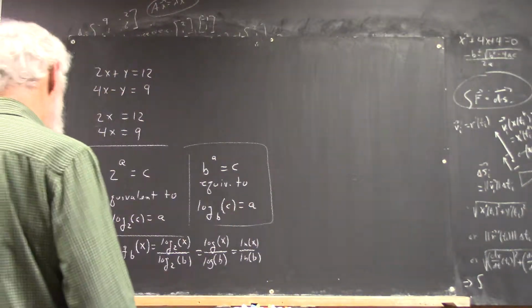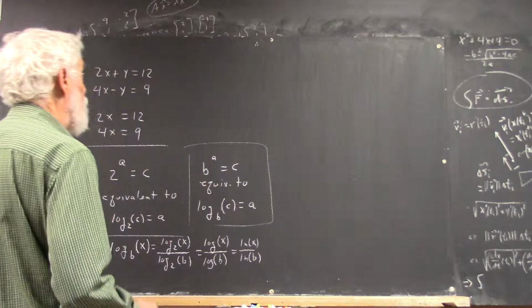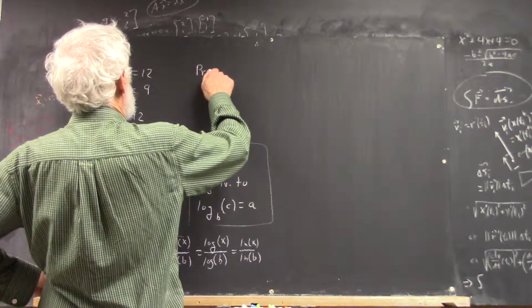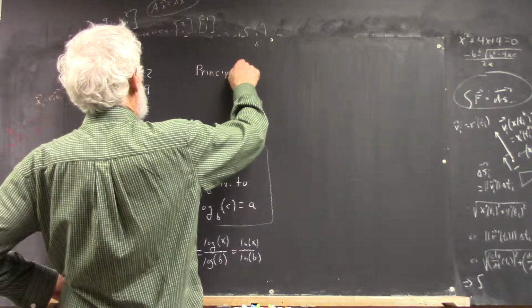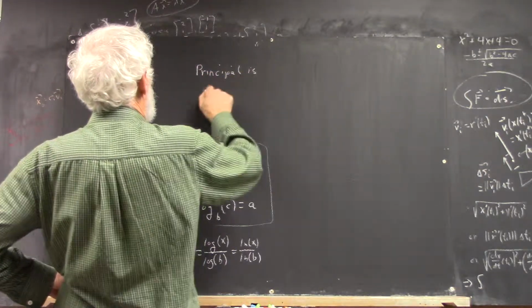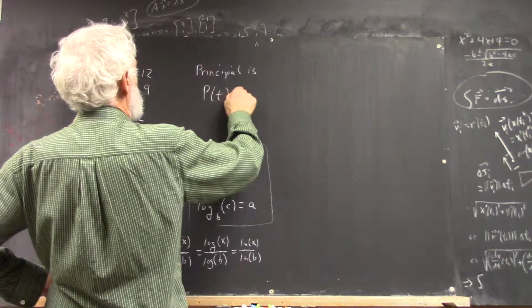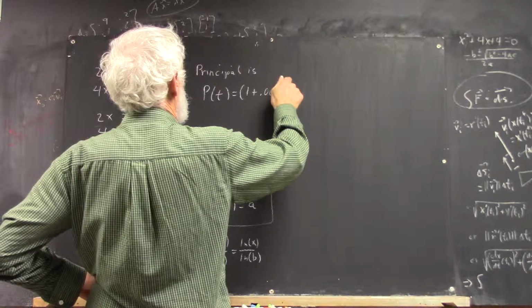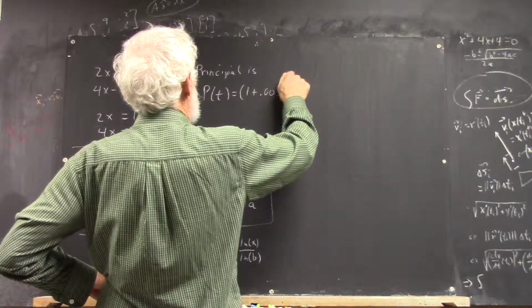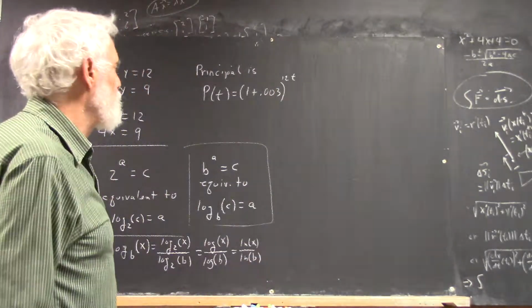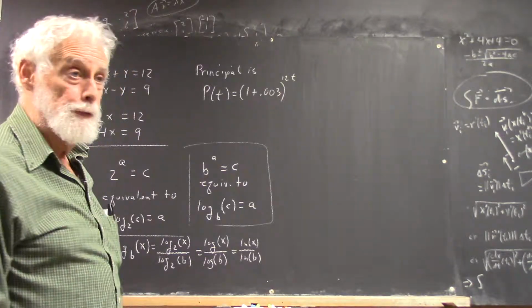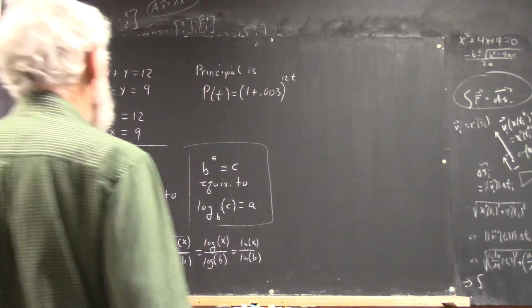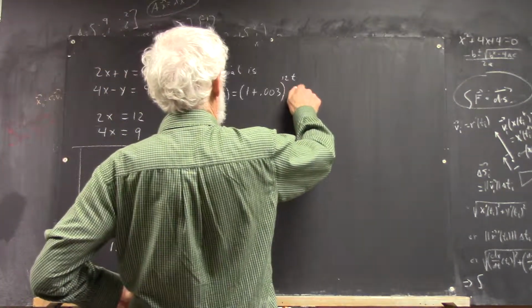Let's say I know that my principal is 1.003 to the 12t times, I don't know, how much money do you want to invest?